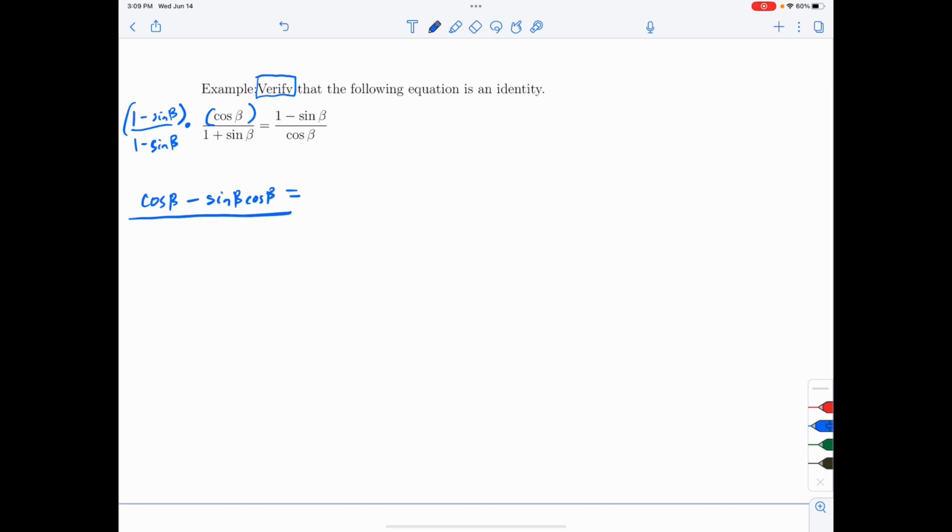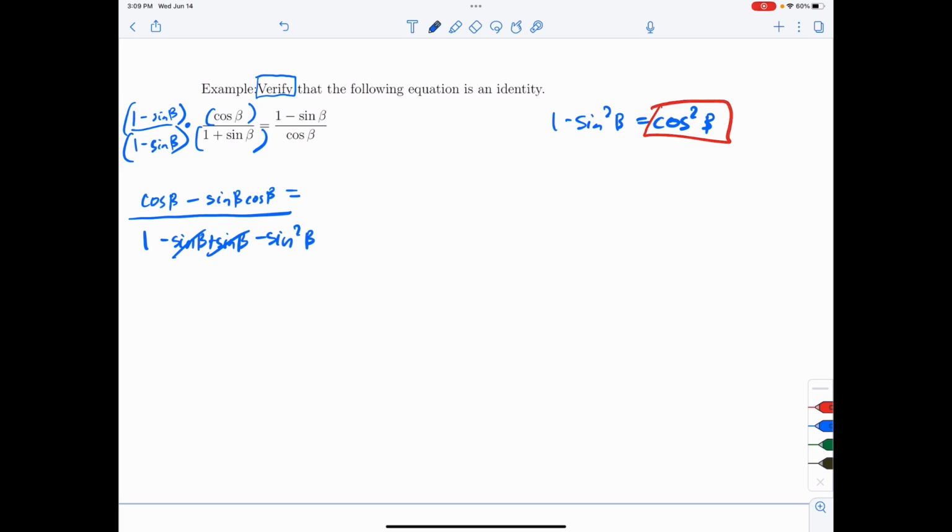In the denominator, I have these two binomials, so I'm going to have 1 minus sine of beta plus sine of beta minus sine squared of beta. These middle terms cancel. 1 minus sine squared of beta is one of the forms of the Pythagorean identity, so I'm going to write cosine squared beta in the denominator.